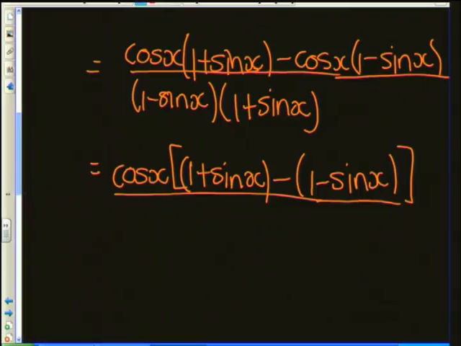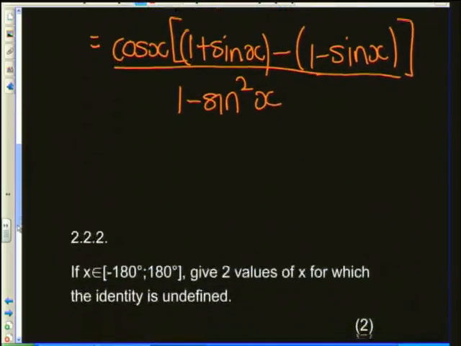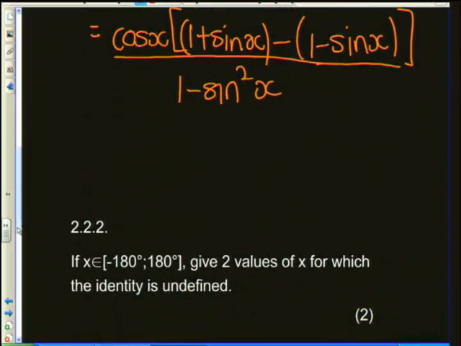And the denominator, if I simplify that, it's 1 minus sine squared x. Okay, that's the difference of squares, and it looks familiar. It looks like something we did in the previous question. Right, so we can now say that cos x, and let me simplify what's in the big bracket.